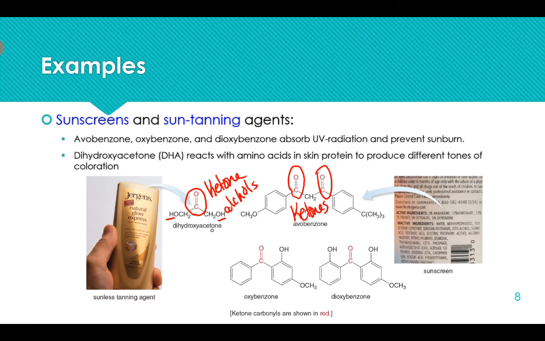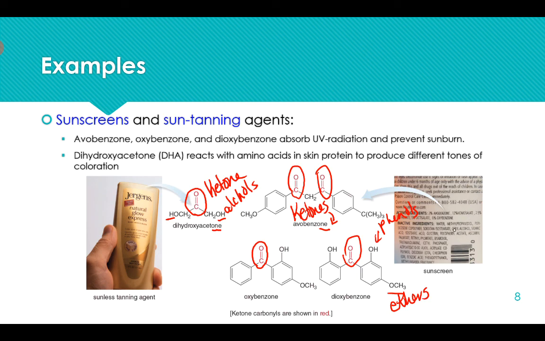And if you look at the names of these, you'll see that it ends with "-one". That stands for ketone. And then benzone, benzone. Benzone means it's attached to a benzene. These are also phenols and ethers.